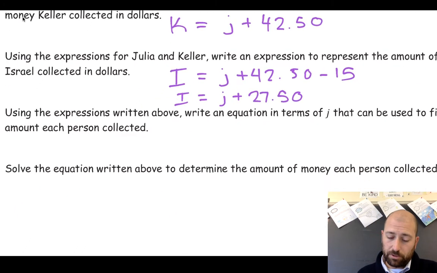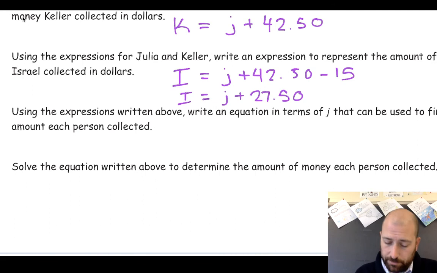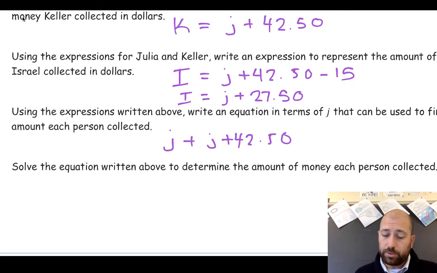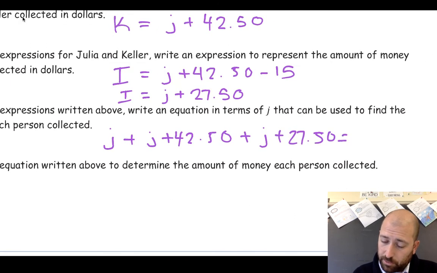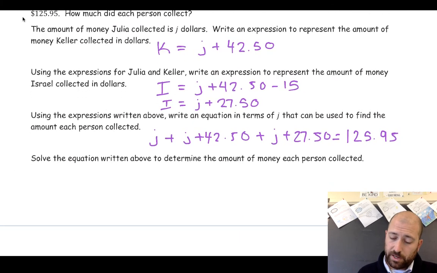So here I have our 3 people. I'm going to add Julia, just J, plus Keller, that is J plus 42.50, plus Israel, which is J plus 27.50. Give me a grand total of $125.95. So there is the equation that I am going to solve.